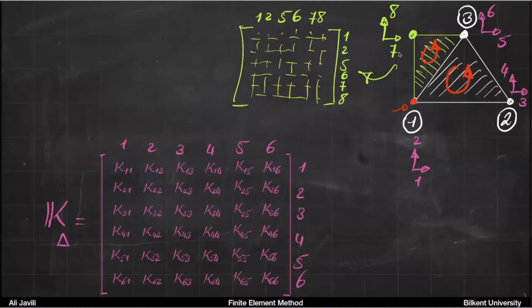Okay, so when you need to assemble these, you would do exactly what you did before. So for instance, this box that is on 1, 2 would be assembled with this box here. You would add them together, so they are corresponding to the same degrees in your global system.